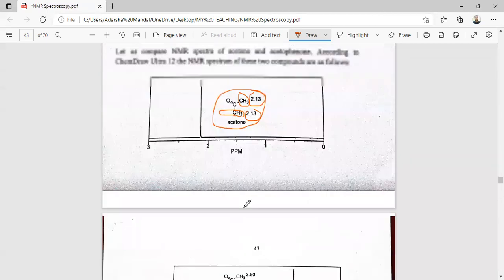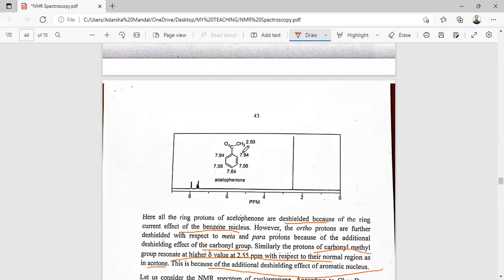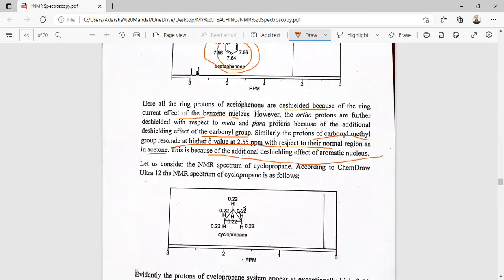The same reason applies as for benzaldehyde. The ortho protons are more deshielded due to the minus I effect and deshielding effect of the carbonyl group, and also the CH3 has a higher ppm compared to other CH3 due to the deshielding minus I effect of this phenyl ring.